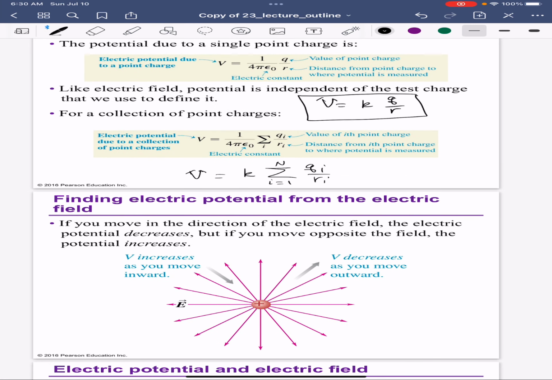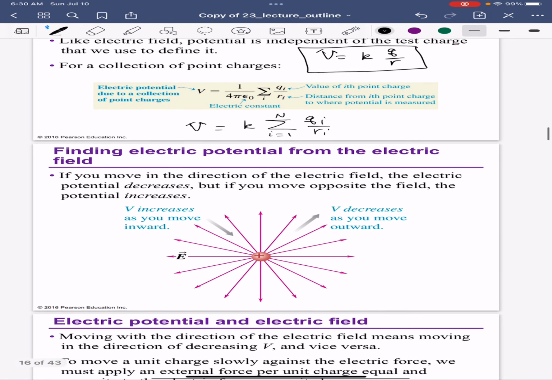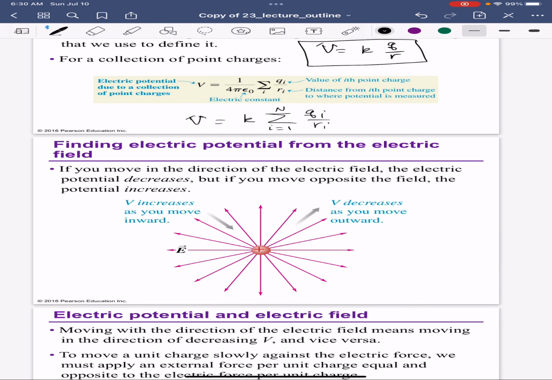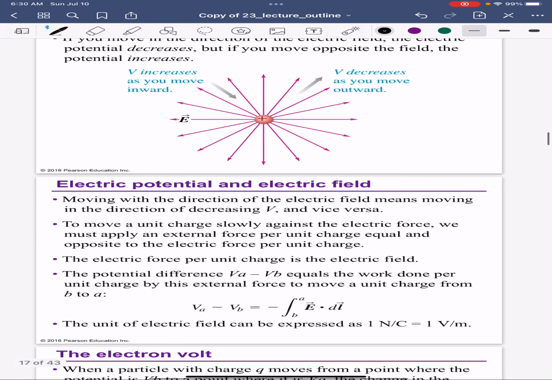Now, there is a strong relationship between the electric potential and the electric field. If you move in the direction of the electric field, the electric potential decreases. But if you move opposite to the field, the potential increases, as we introduced at the beginning. Moving with the direction of the electric field means I am moving in the direction of decrease in V, and vice versa.